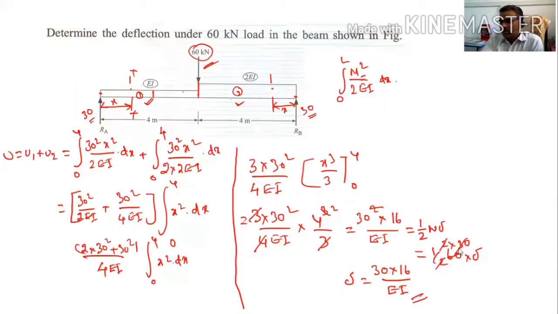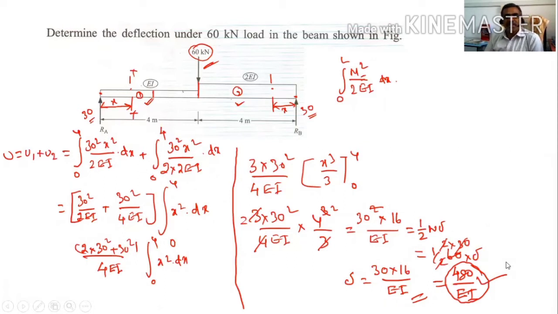That is equal to how much? It is 480. That is equal to 480 divided by EI. This is the value of delta.